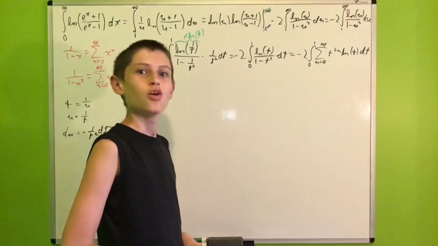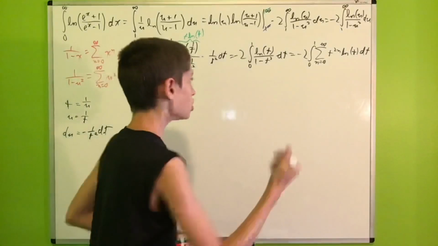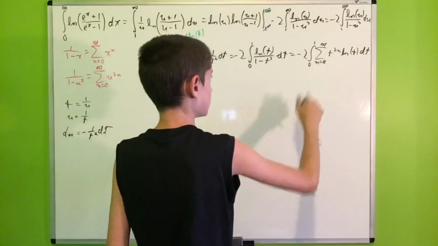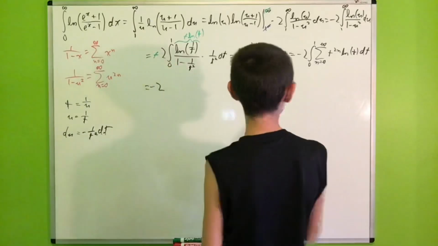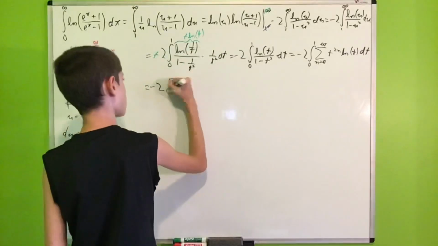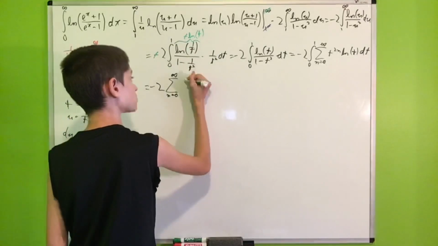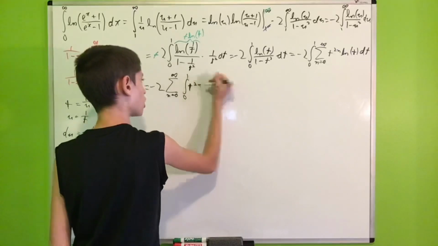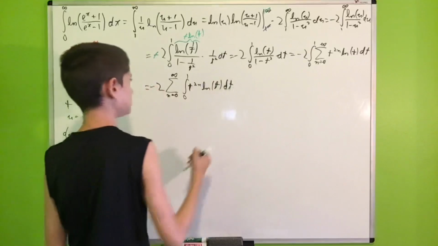But we're not here for mathematical rigor, we're here for finding the answer. So we'll just interchange these two operators. So we'll get negative 2 times the sum as n goes from 0 to infinity of the integral from 0 to 1 of t to the 2n natural log of t dt.